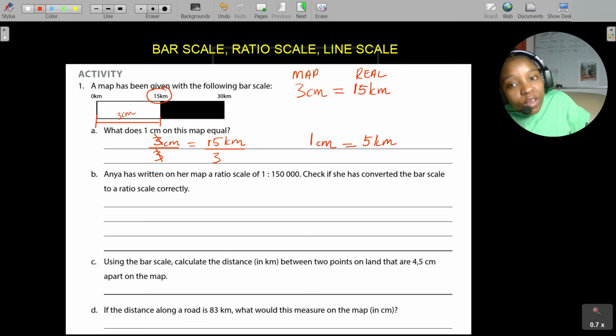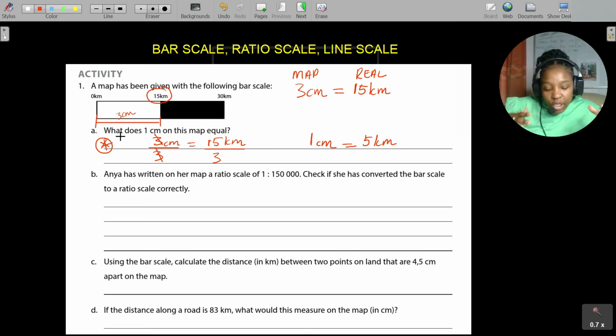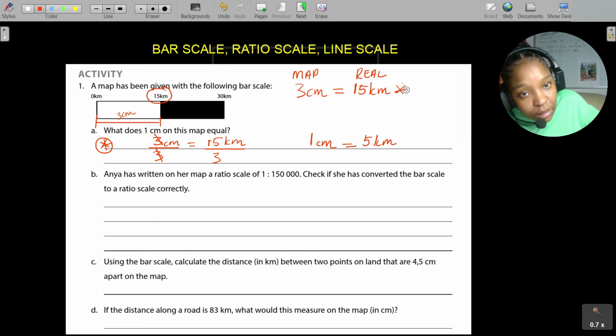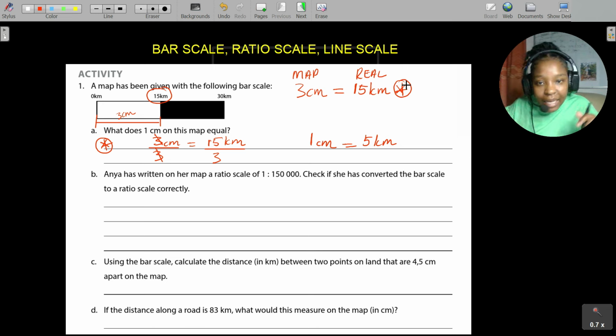So this part here, question A, is just asking us to simplify the equation of our bar scale to be in the form of 1 centimeter is equal to how many kilometers. But even if you decided that you wanted to work with this equation the way that it is, as 3 centimeters is equal to 15 kilometers, it will still give you the exact same answer.